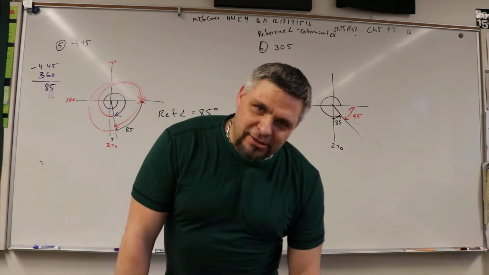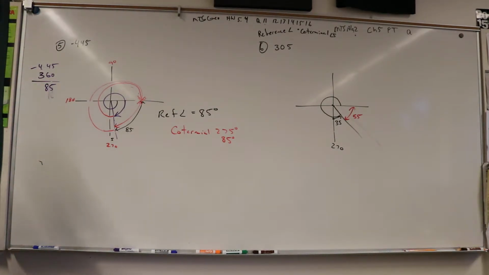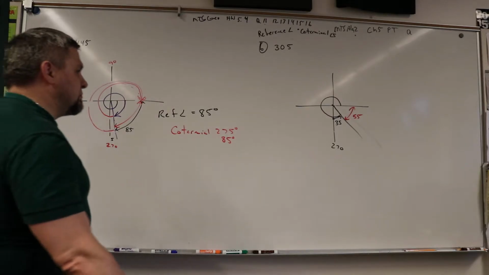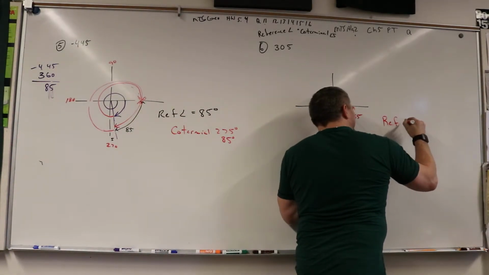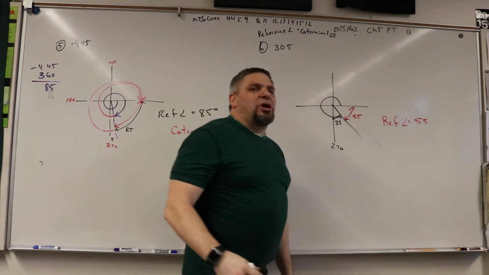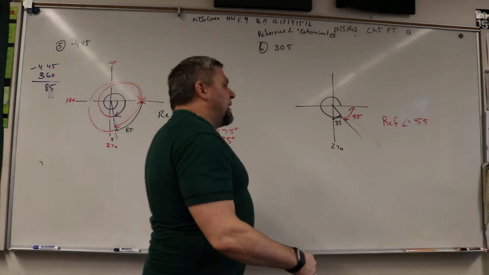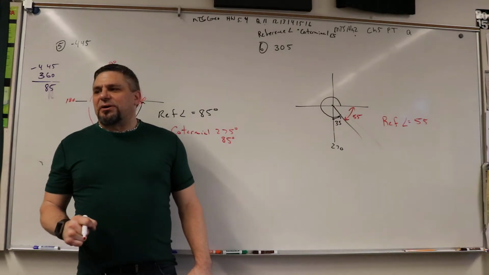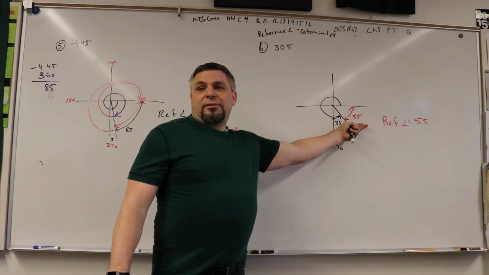Okay, so what is my reference angle? 55. Yes. What are my two coterminal angles? You have two. One is what completes the circle. 55.